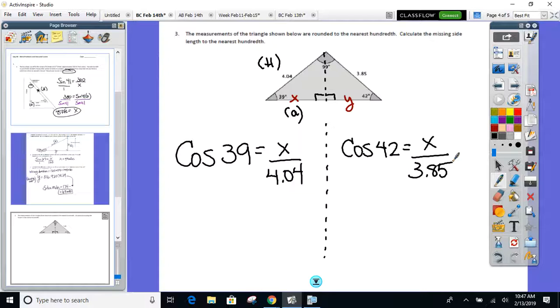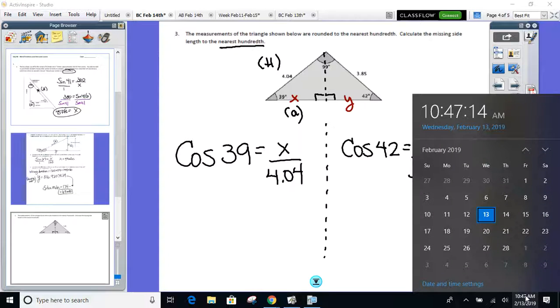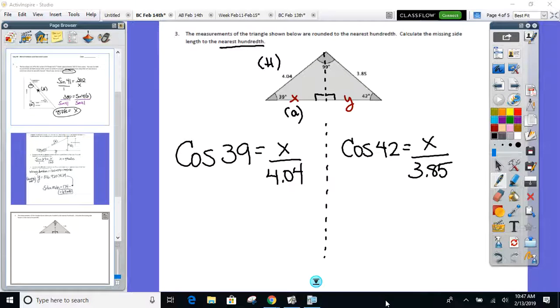And then use those non-rounded answers, add them both up, and then round to the nearest hundredth at the end here. Keep it going. Still got 45 seconds to rock and roll.